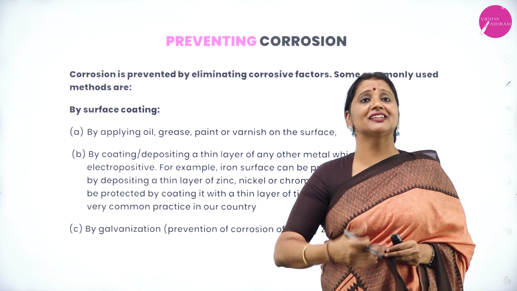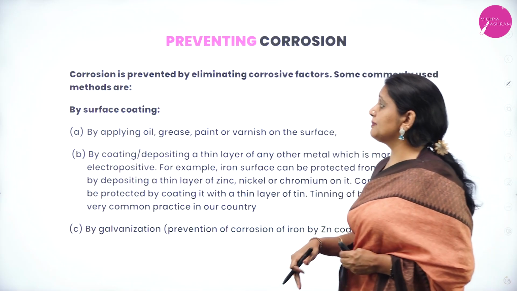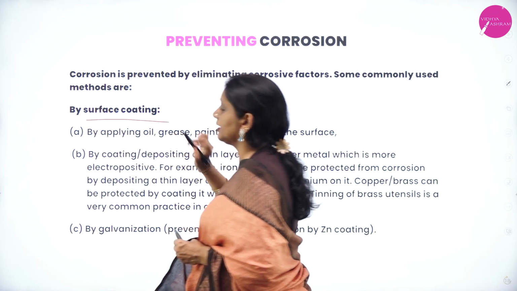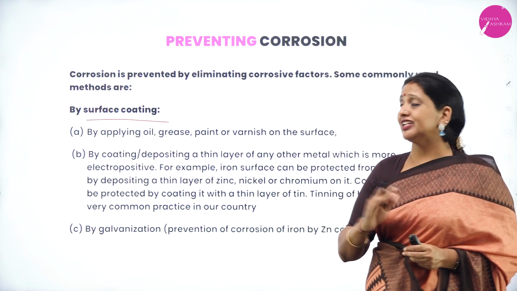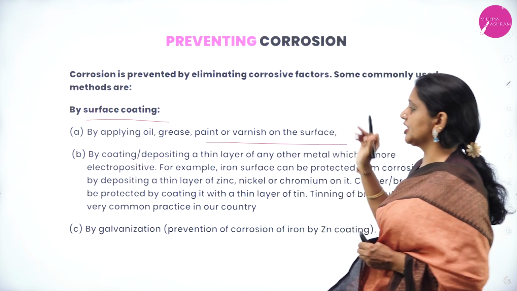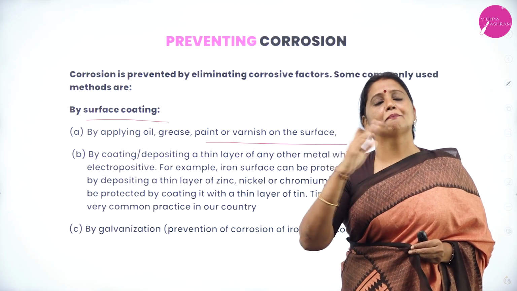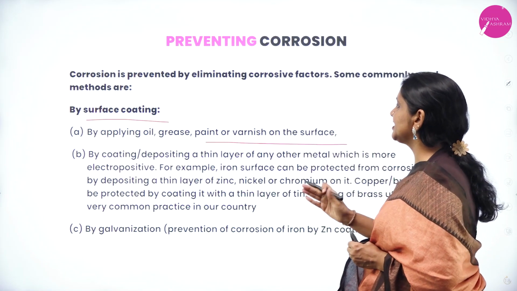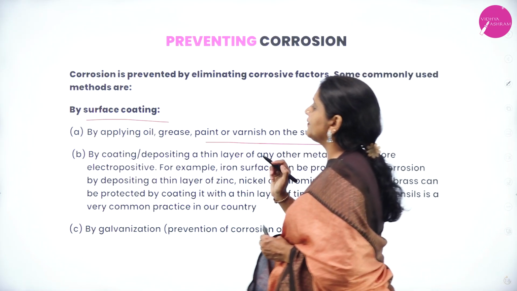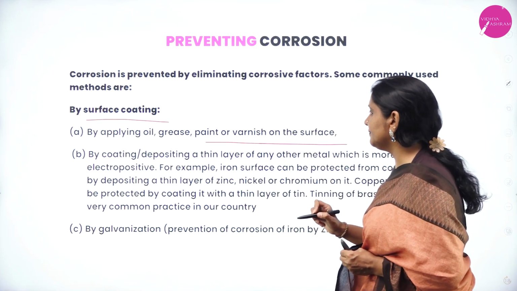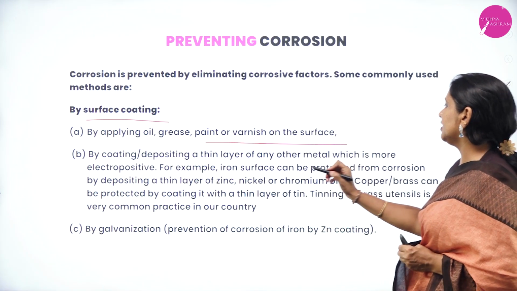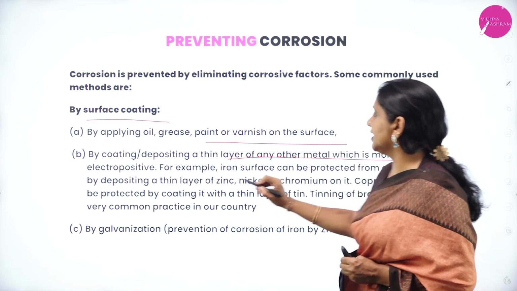Now, how can you prevent this corrosion? Corrosion can be prevented by surface coating, that means oiling, greasing, painting, varnishing. Iron rods, gates, walls and doors can be protected by painting, oiling, greasing and varnishing. Second, coating a thin layer of a more electropositive metal on the surface of another metal.